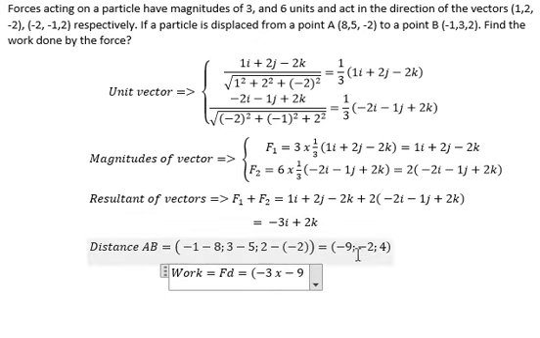We don't have j, so we don't need the minus 2. We have 4 put in the k. So we find the work here is 35, and this is the final answer.